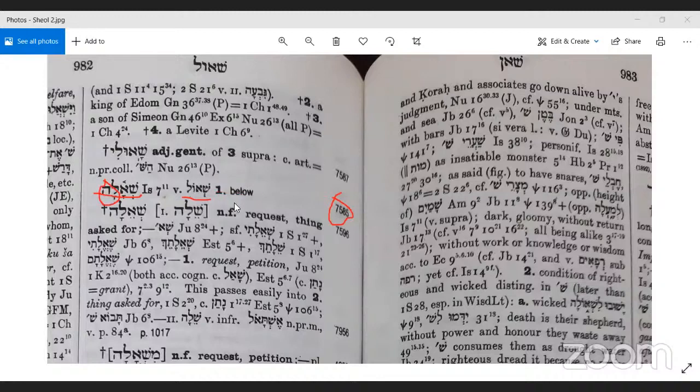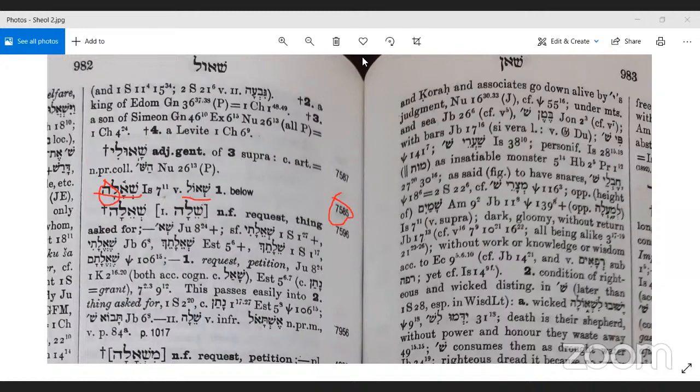Noun feminine. Request. So we saw that, right? We saw request. What was it, 7592, whatever Strong's, it said this word is from. We saw request, okay? Thing asked for. One, request or petition.